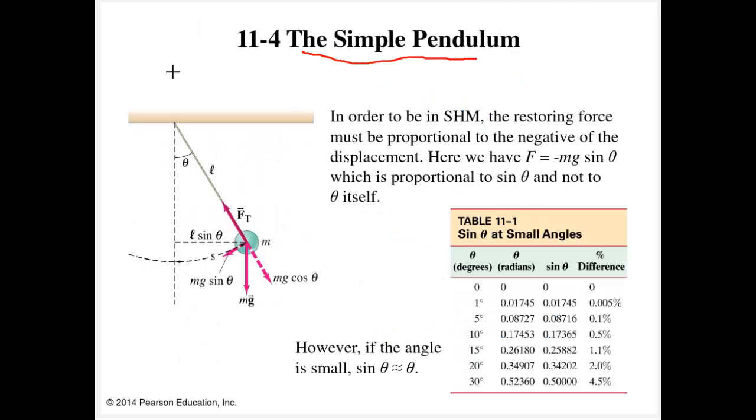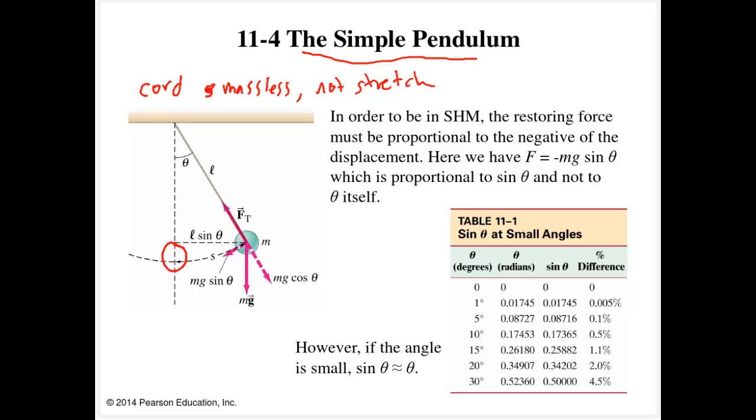Another harmonic oscillator is going to be the simple pendulum. A couple of basic assumptions is that the cord is going to be massless and does not stretch. In that case, we can say that the pendulum is going to have an equilibrium position just straight down like a plumb line.